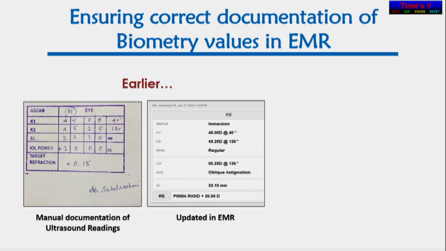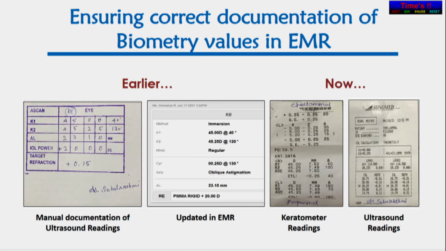So now the point here, go to the next click. One more click. So you see, earlier we used to document this, and then it also gets uploaded in the EMR. You do this especially when we use the ultrasound biometry, and when we do not have any evidence for the keratometer or the ultrasound readings.